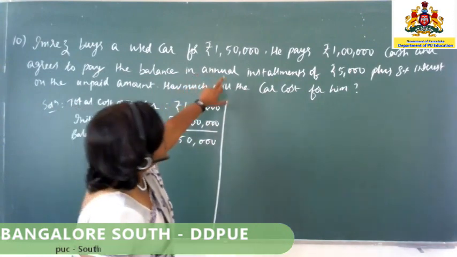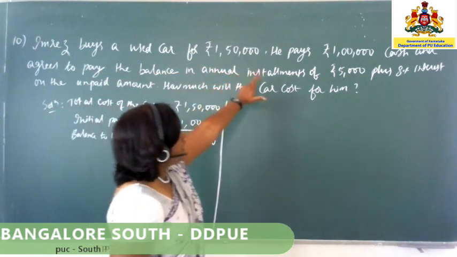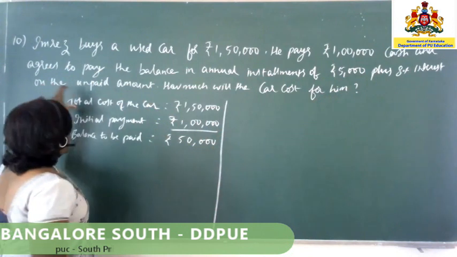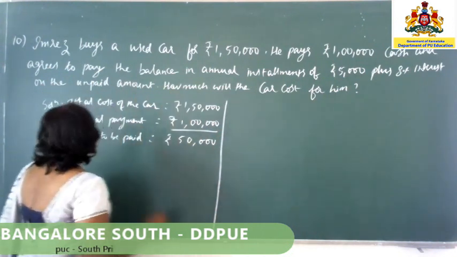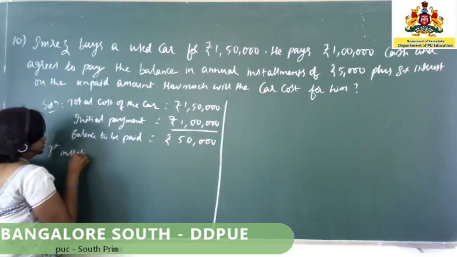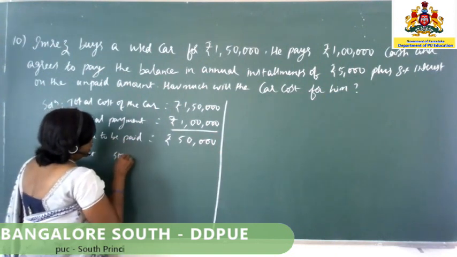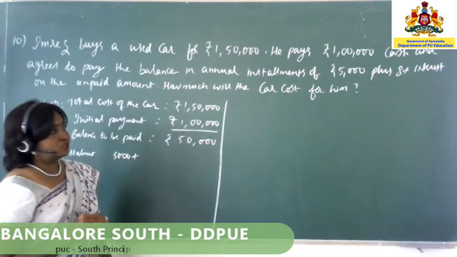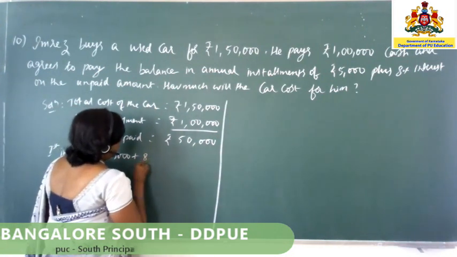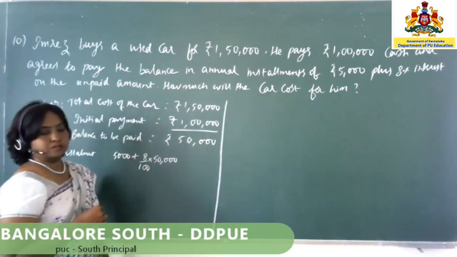So now he agrees to pay the balance in annual installments of rupees 5,000 plus 8% interest on the unpaid amount. So that means the first installment will be 5,000 plus 8% of the balance, that is 8 by 100 into 50,000.